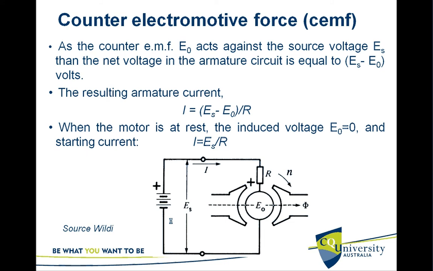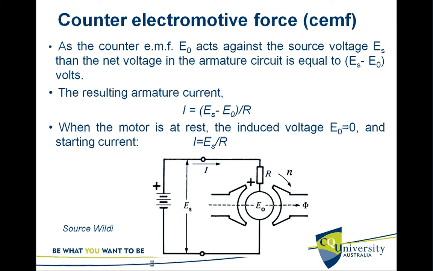We continue with counter EMF. Because it acts against the source voltage ES, after we start the motion of the motor, the net voltage in the armature is equal to the supply voltage minus the back EMF.